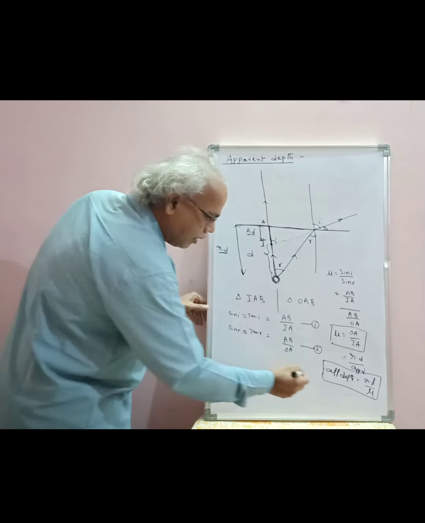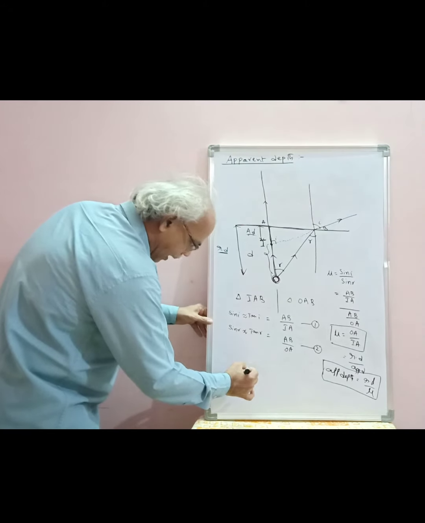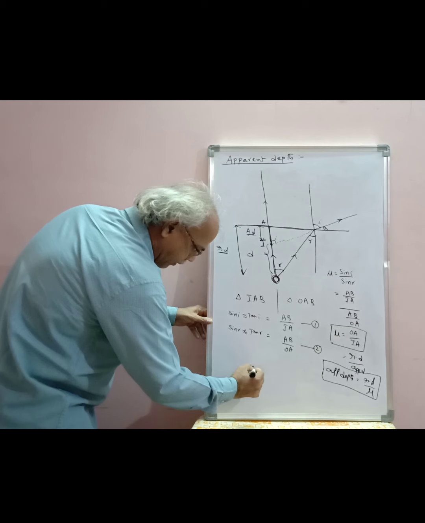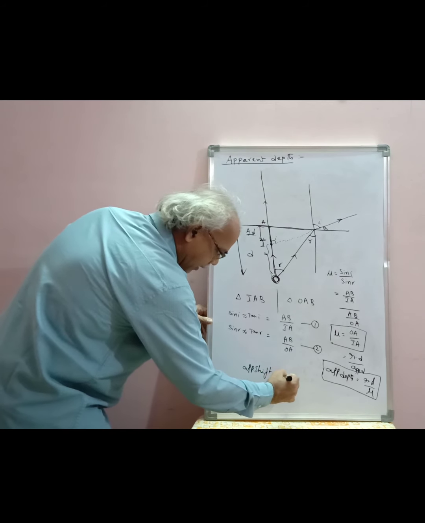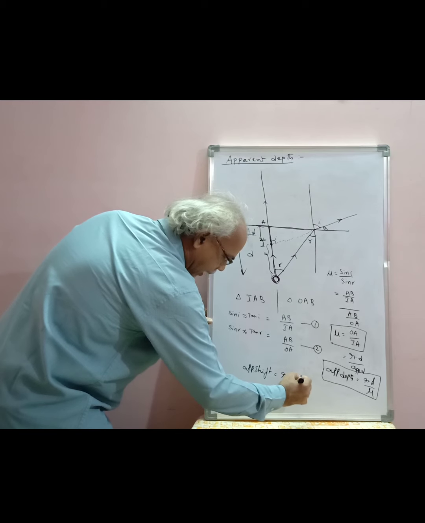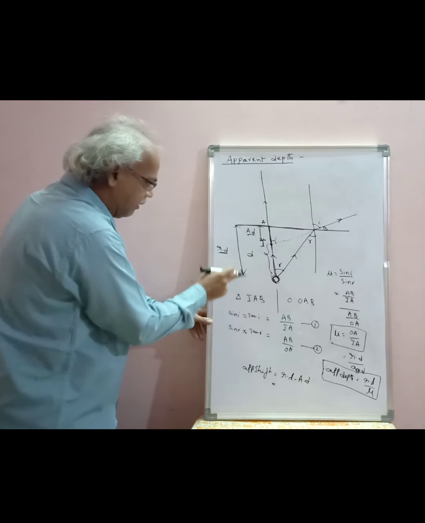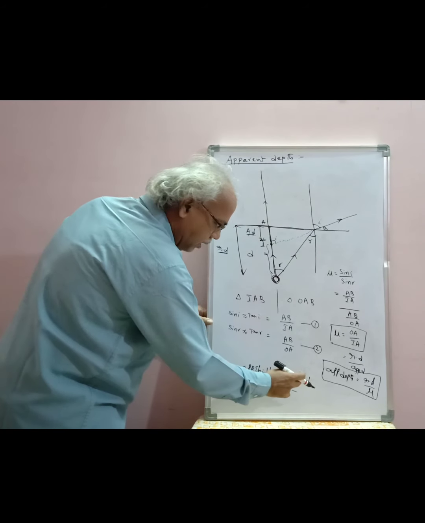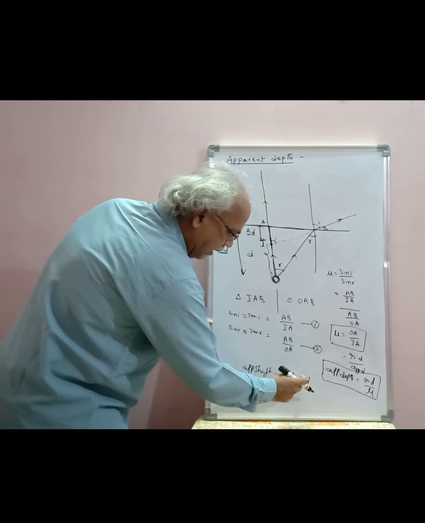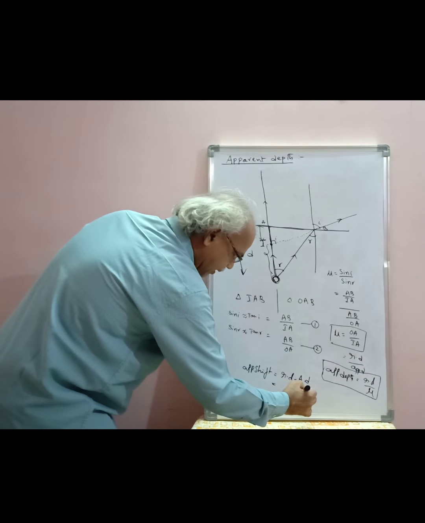Here, another term is the apparent shift. Apparent shift is equal to real depth minus apparent depth. The real depth is say d, minus the apparent depth, which is equal to real depth by refractive index.